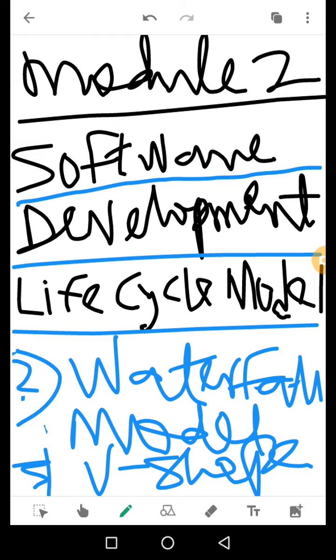So let's consider the disadvantages, since we have considered the advantages, right? Let's have a look at the disadvantages of the V-shaped model. It is very rigid, like the waterfall model.